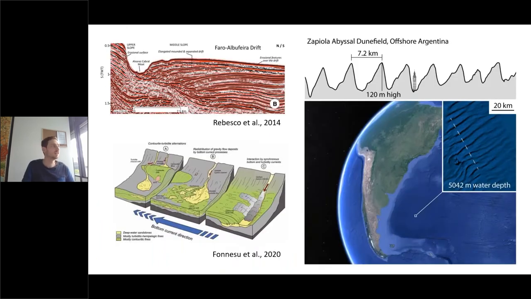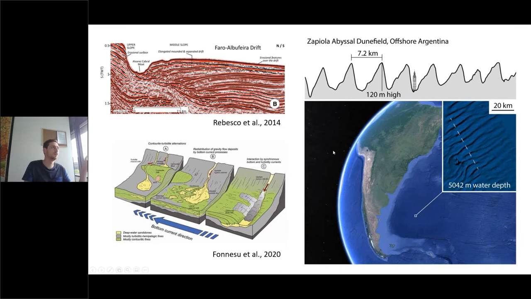Now, at this point, I think most, if not all, of the viewers are probably familiar with Contourites and what Contourites are exactly. So they're basically sedimentary systems that form under the action of deep marine bottom currents, which are typically thermohaline in nature, and they almost always form across a spectrum between these continuous bottom currents and gravitationally driven turbidity currents.